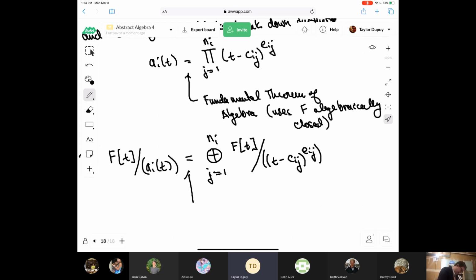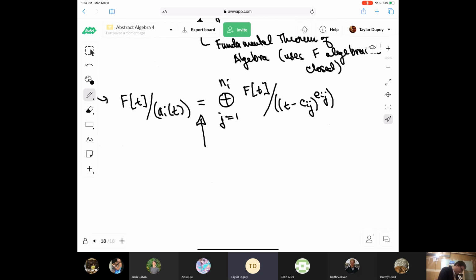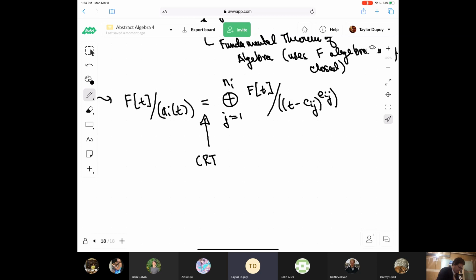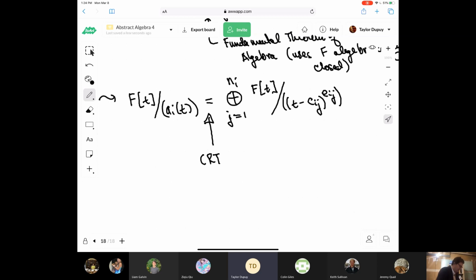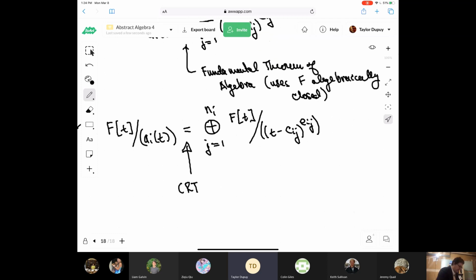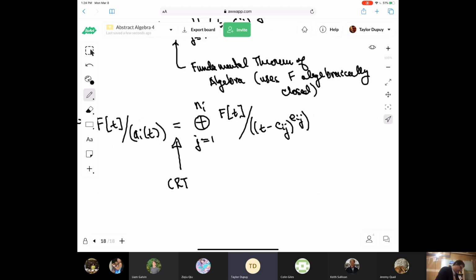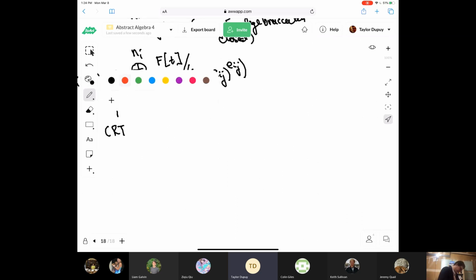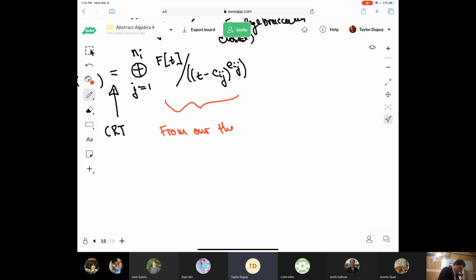This part uses the Chinese remainder theorem. We took this polynomial, which may not be irreducible; over an algebraically closed field it's not going to be. So it breaks up into these little factors, and from our theorem, these correspond to Jordan blocks.